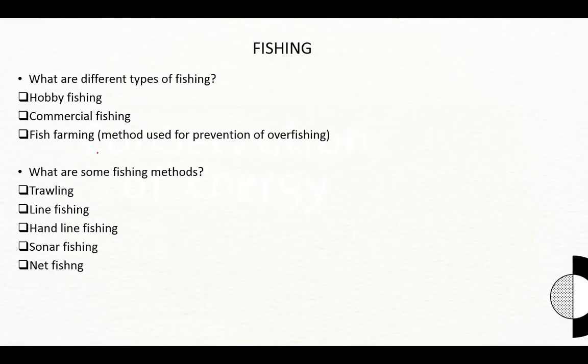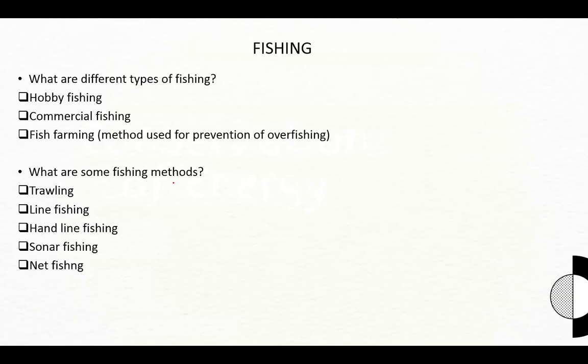So fish farming is used to prevent overfishing by breeding that particular type of fish that is always in high demand, to sway people from actually going out there in the sea and taking out large schools of this particular type of fish.